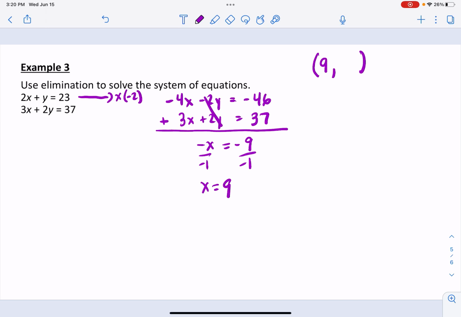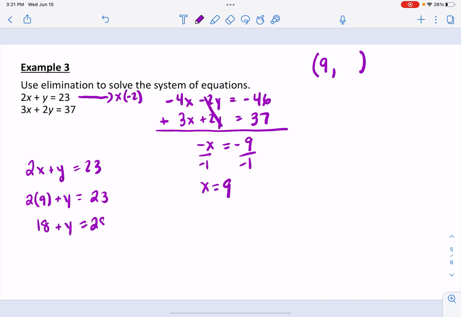I have to plug back into one of the two equations to get my y-coordinate. I'm going to pick the top one again, just because the coefficient of y in that one is 1. Sorry, I got distracted by the math I was doing. So I subtract 18 from both sides.